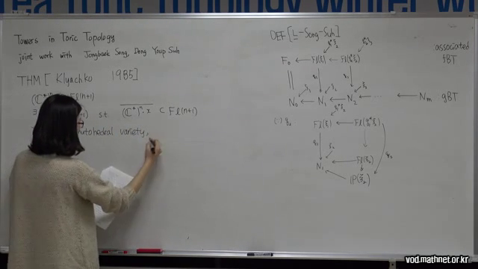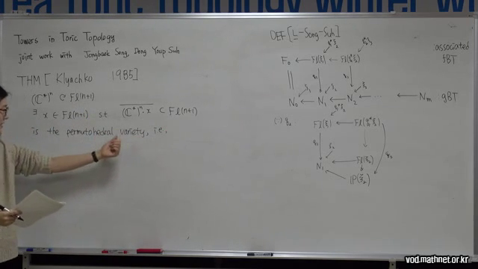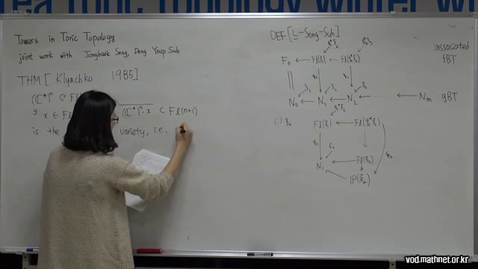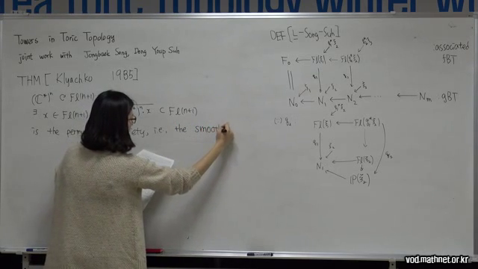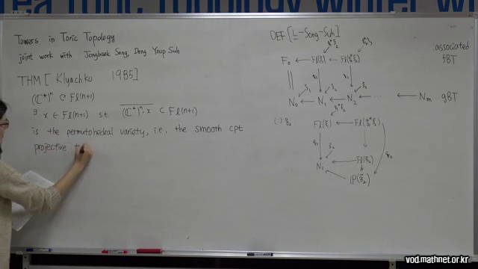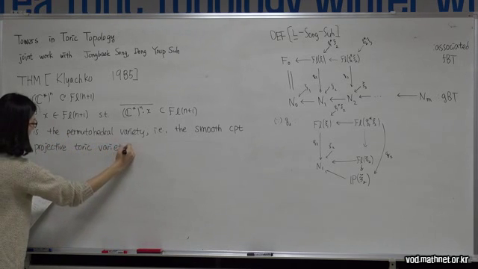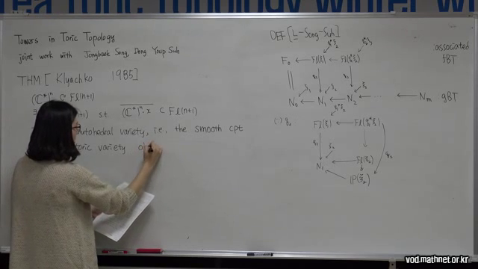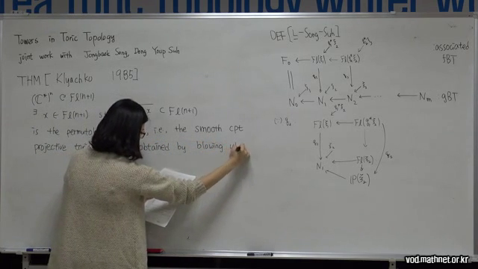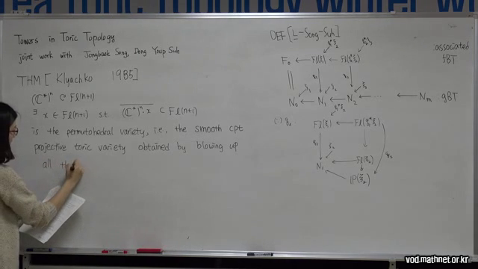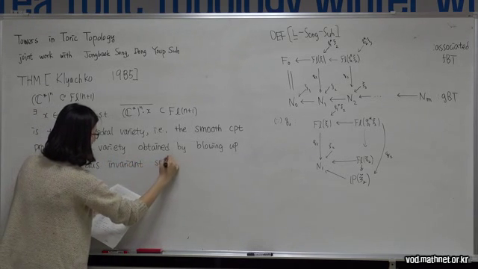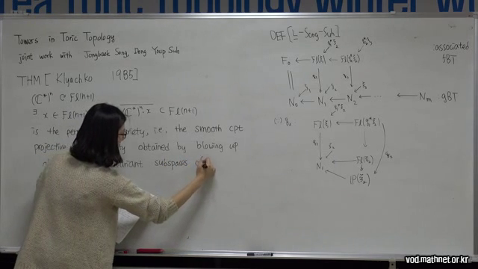And then actually this can be understood as the toric variety whose underlying polytope is the permutahedron. It is the smooth, compact, and projective toric variety, which can be obtained by blowing up all the torus invariant subspaces of CP^n.